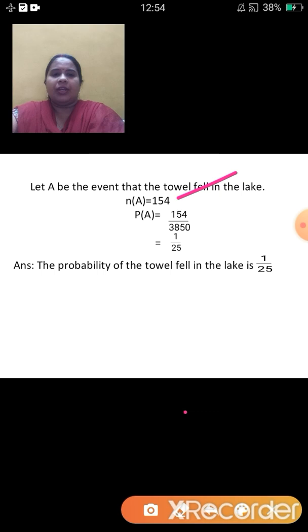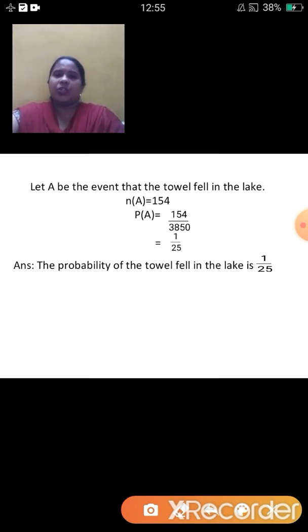So P of A is n of A upon n of S. So 154 upon 3850. It can be cancelled. If you cannot cancel it directly, you can start cancelling with 2. I have cancelled it directly. So you can cancel it and reduce it to the lowest form. The lowest form is 1 upon 25, right? So the final answer will be, the probability of the towel falling in the lake is 1 upon 25.